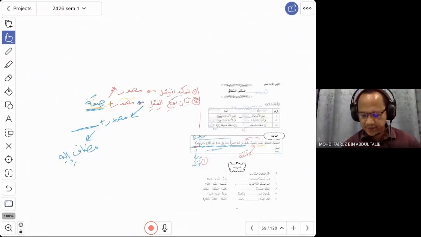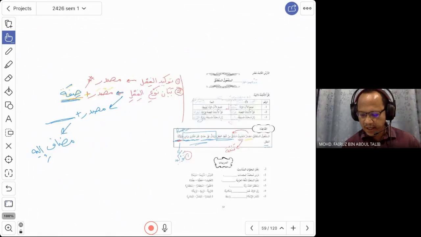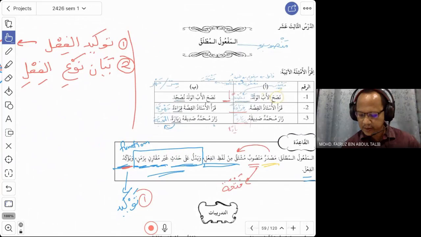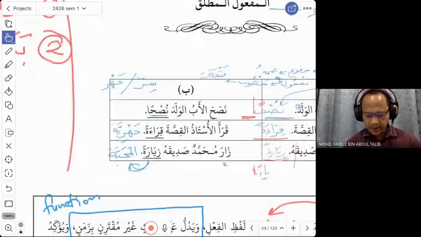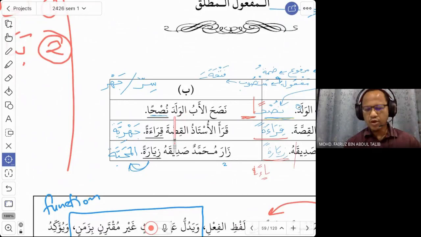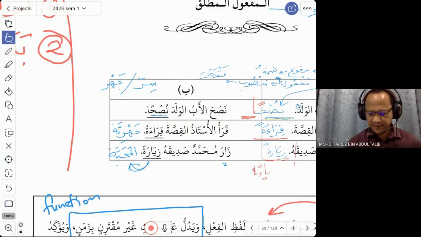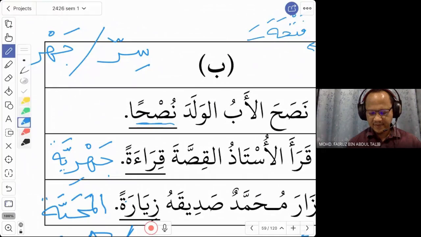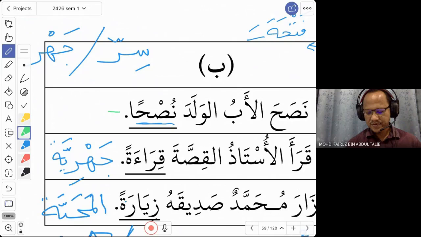Maybe we can take another example. We take number 1. Nasaha al-abu al-walad nushan. Now you want to add an adjective. You want to explain what kind of nasihah, what kind of advice the father gave to his son. Nushan, you want to say good advice. So add an adjective. What is the word for good? Anyone?